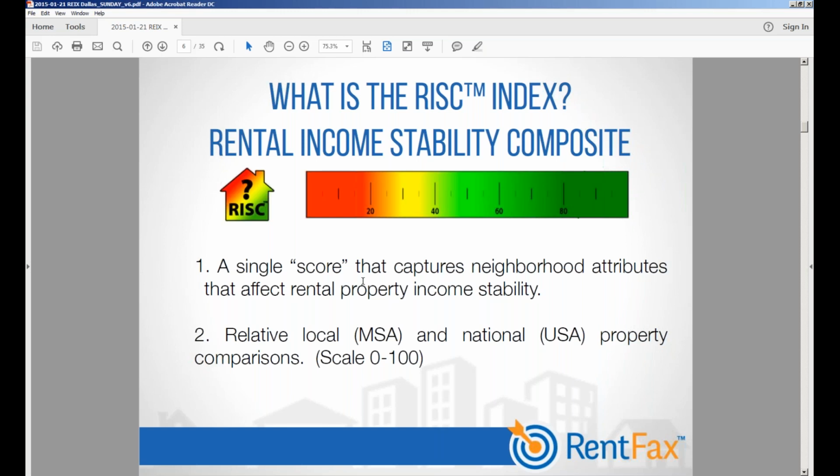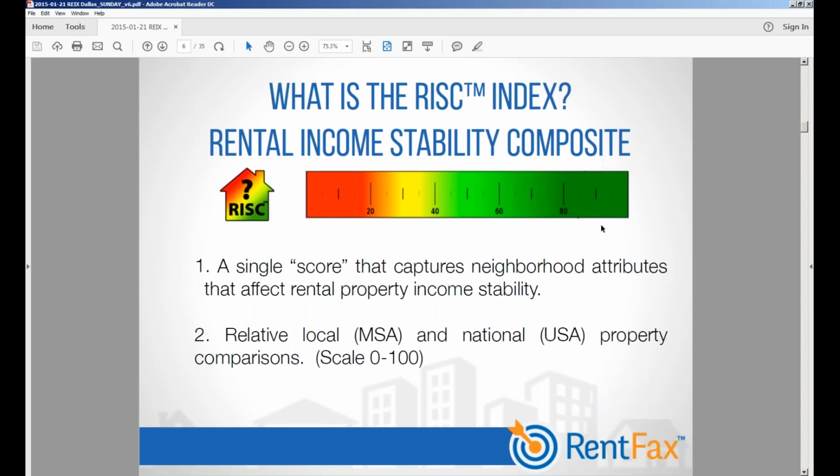It's kind of like a credit score, if you will. A credit score looks at payment history, other credit parameters, and everything else, but it's rolling up into a single score associated with a borrower or a person. We're much the same. We're taking a bunch of different information and data, rolling it up into a single score on a scale from 0 to 100, with 0 being very low stability or no stability within rental income, and the upper end of 100 being absolutely, extremely stable rental income.